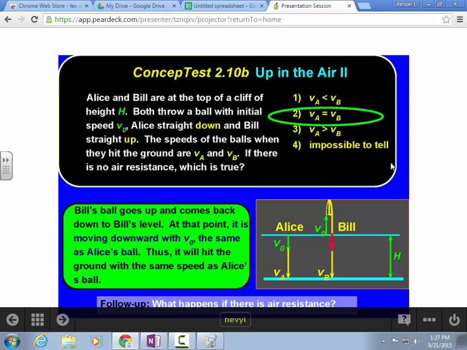Why? From the standpoint of energy, which we haven't gotten to, energy gets dissipated as heat when you throw something up and there's air resistance. As a result, it's going to lose energy, and that will never get recovered.